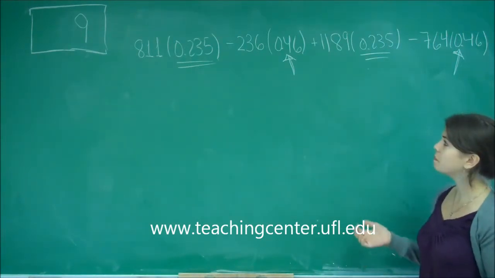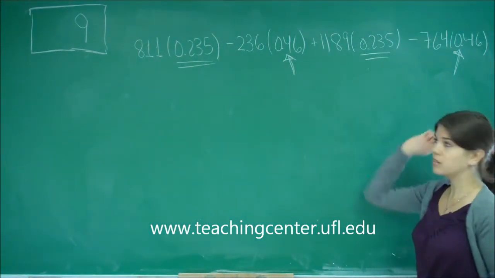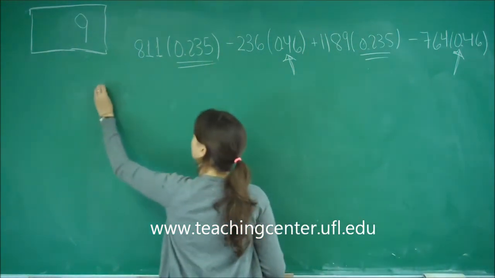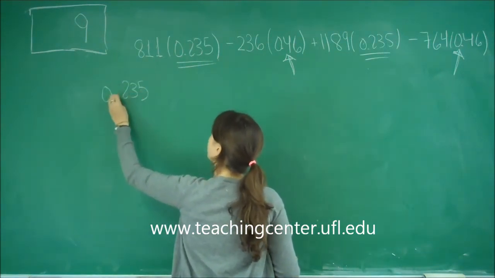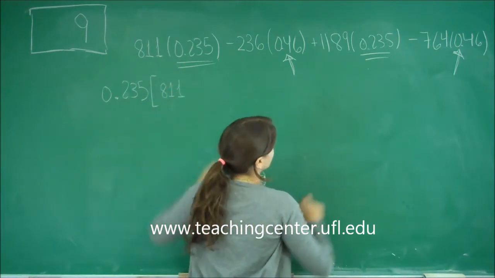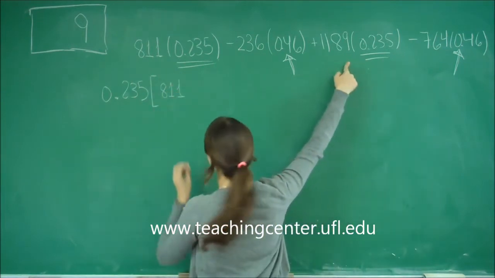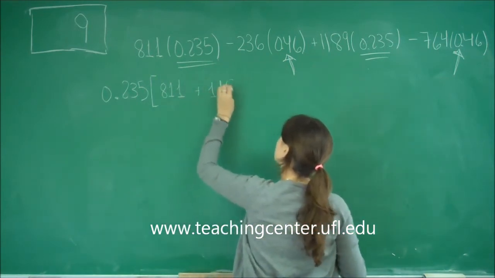So now that we've seen how we're going to group this, let's go ahead and take out 0.235 from the first. So we have 811, and from this one, it's a positive 1189.